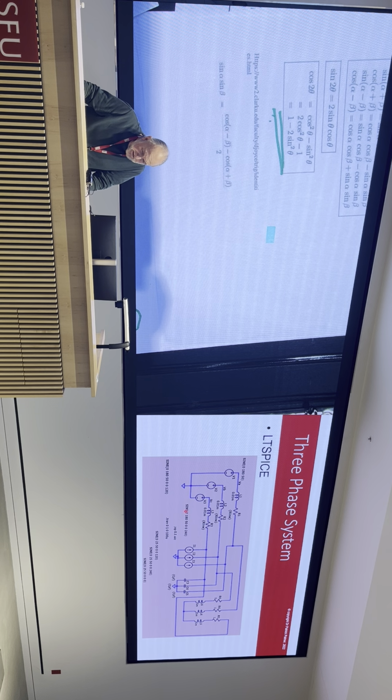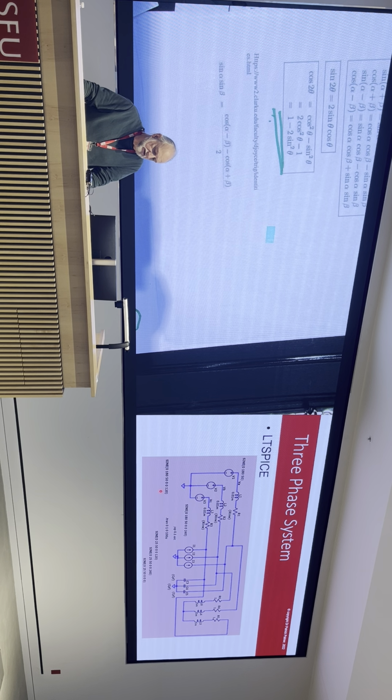So you've got these three sources. Notice the angle is at the end here when you define a voltage source in LT-Spice. So this is the angle in degrees, 120 degrees, 240 degrees.